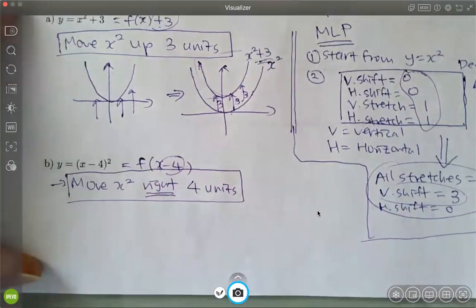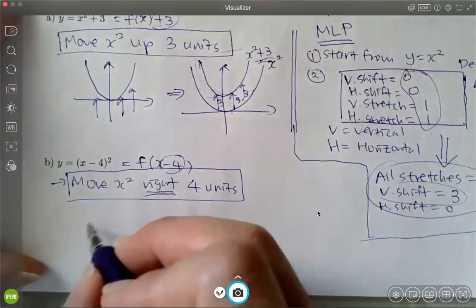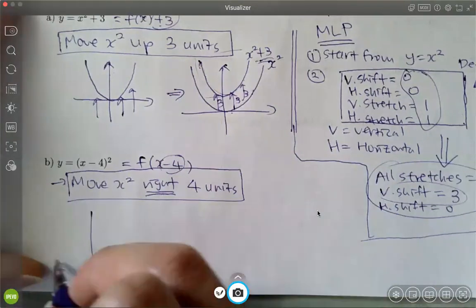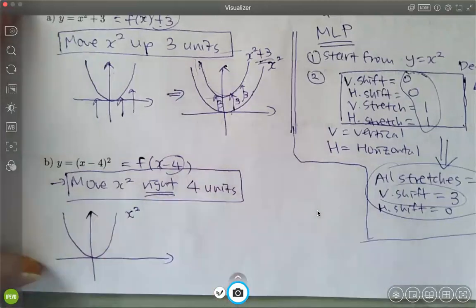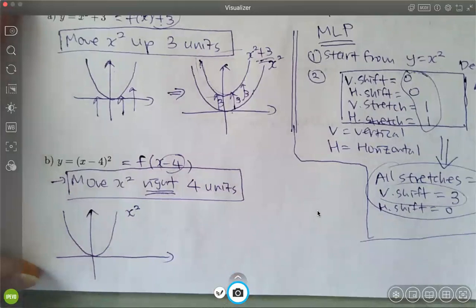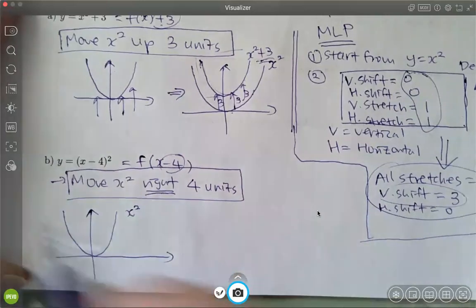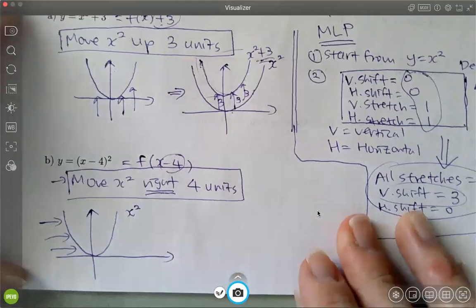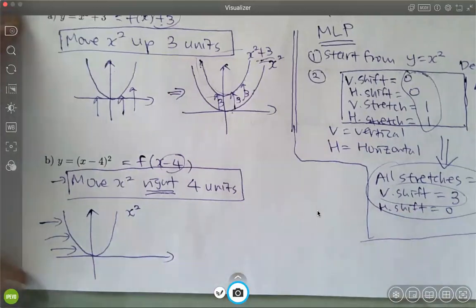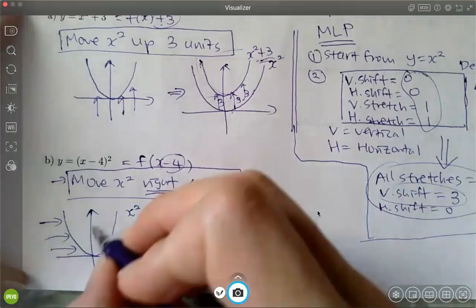So now, in terms of the graph, how does it look? This is the graph of x squared, right? And now you are shifting it to the right. So what does that mean? You are applying your force like here, right? Okay, so you are pushing like this, right? So how does the graph change?